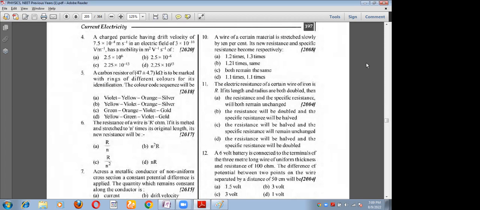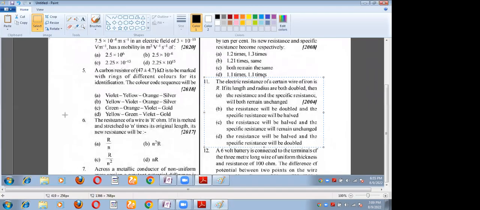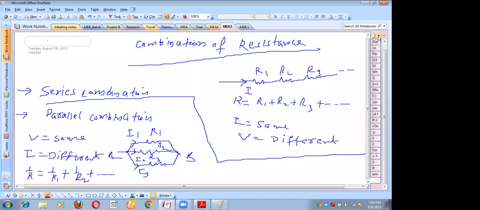Okay. So based on this, we will do this question. Do this question number 6. NEET 2017 question. So attempt this question.